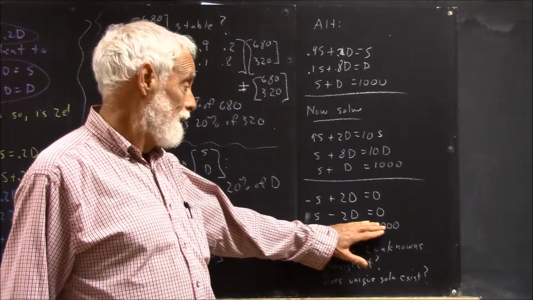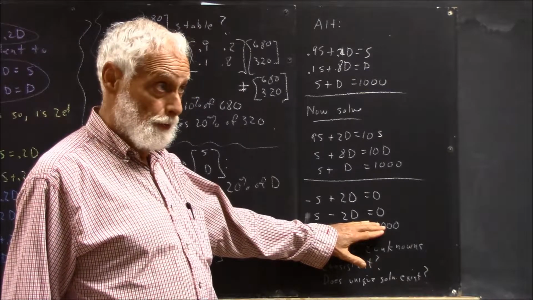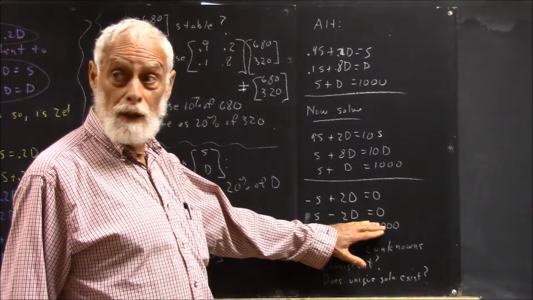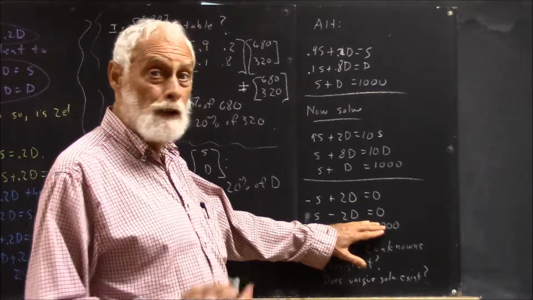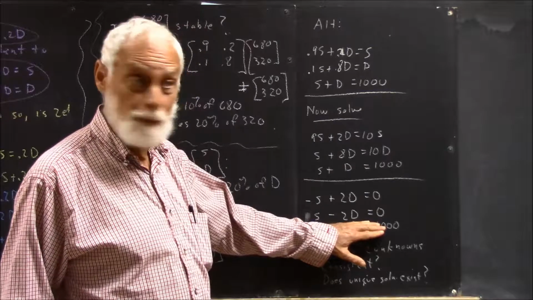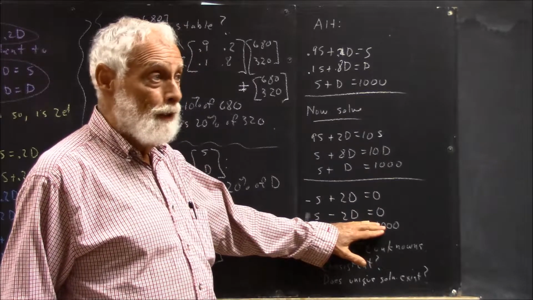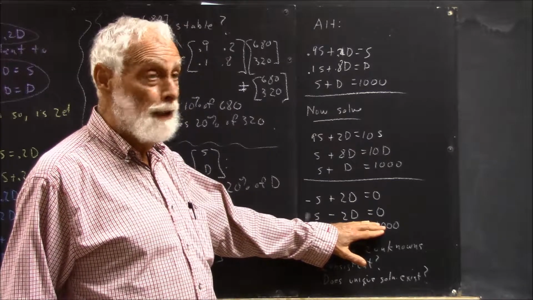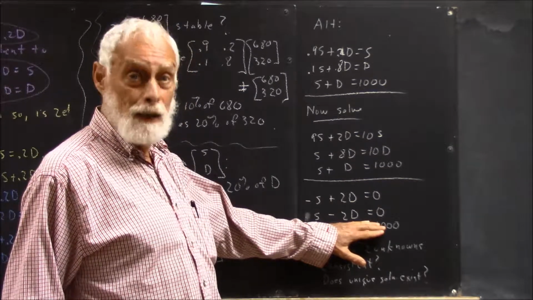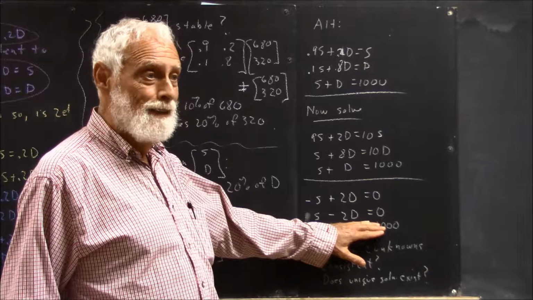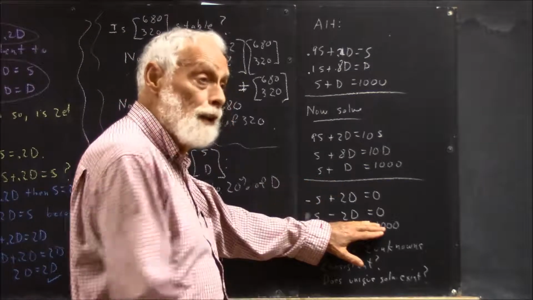Which means that there are infinitely many solutions. Because if s is equal to 2 and d is equal to 1, that's a solution, isn't it? If s is equal to 2 square root of pi and d is equal to the square root of pi, these two equations are satisfied, right?